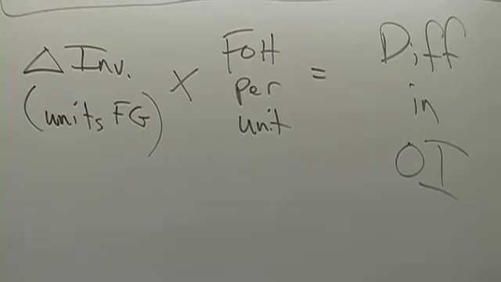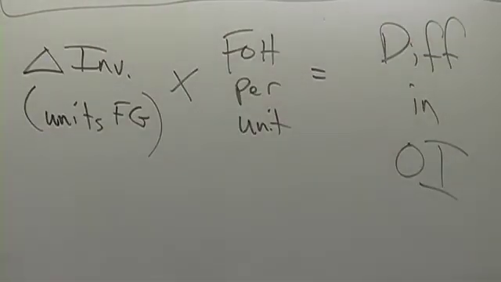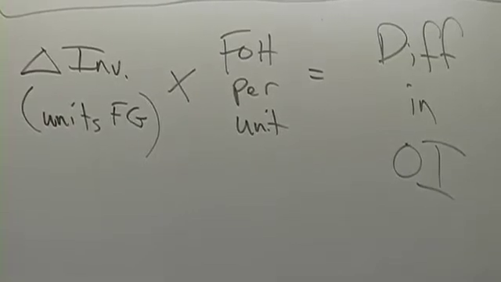What's the triangle in front of inventory stand for? Change. It's the mathematical symbol delta. So the change in inventory, and in this case specifically units of finished goods, times fixed overhead per unit, equals the difference in operating income.